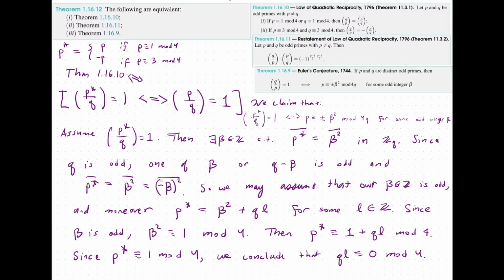So the next thing we want to do is apply the Chinese remainder theorem.